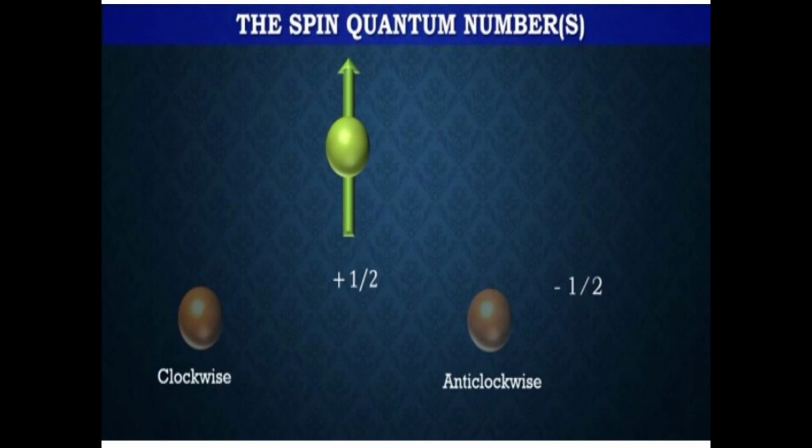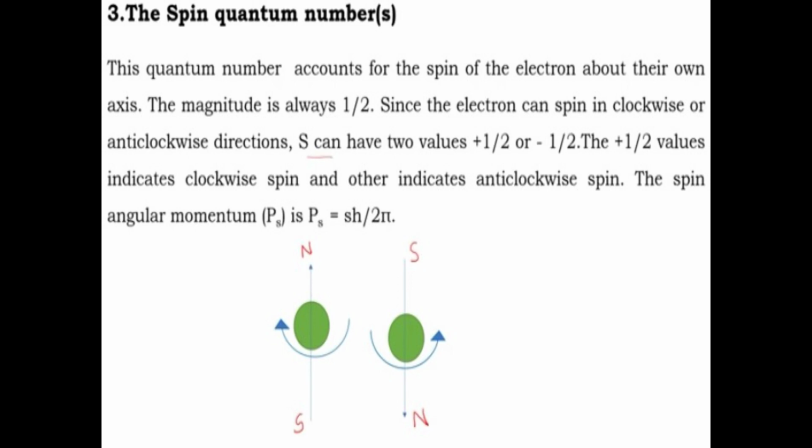If the spin is anticlockwise, it is taken as a negative value. The magnitude is always 1 by 2. Since the electron can spin in clockwise or anticlockwise direction, S can have two values, plus 1 by 2 or minus 1 by 2. The plus 1 by 2 value indicates clockwise spin and the other indicates anticlockwise spin.